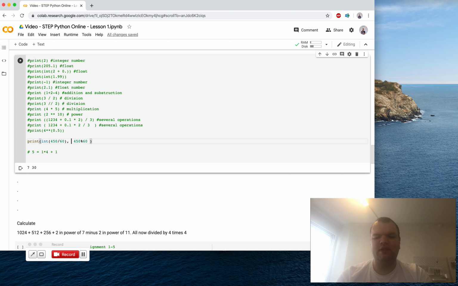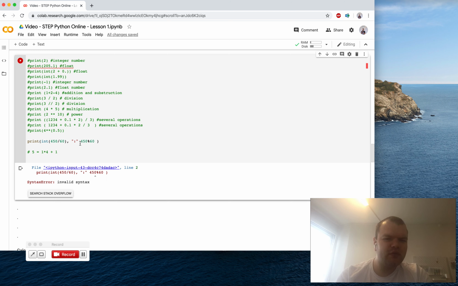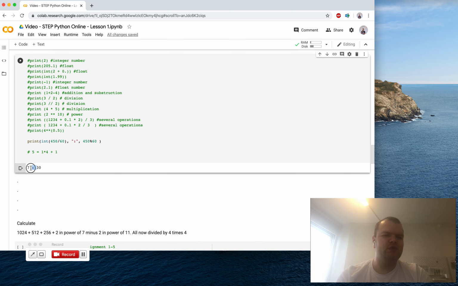Just in order to make it nicer, we can print, for example, something very common. Here I forgot comma. So 7 30, we still have two blanks, so in order to omit them, we will use separator, and separator is equals to nothing. So now we have 730.